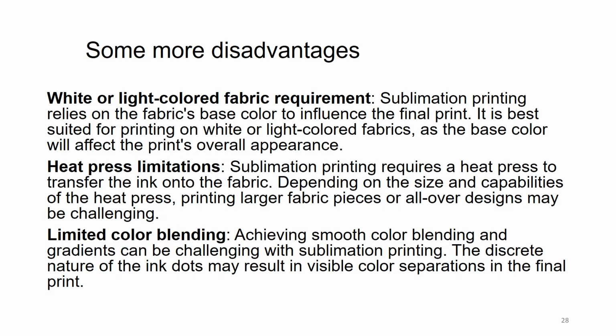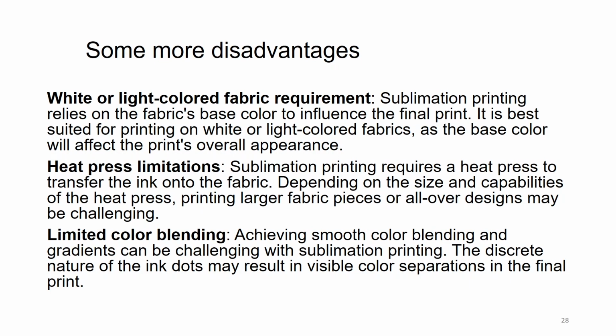Heat press limitation. Sublimation printing requires a heat press to transfer the ink onto the fabric. Depending on the size and capabilities of the heat press, printing larger fabric pieces or all over designs may be challenging. So, there are some limitations. Not every method is foolproof, and however, it is very well suited for polyester.